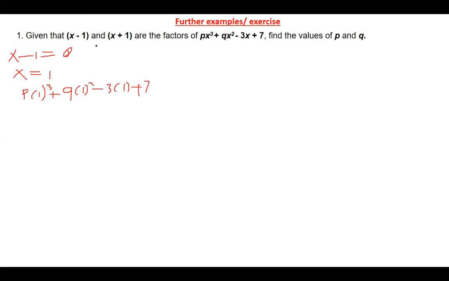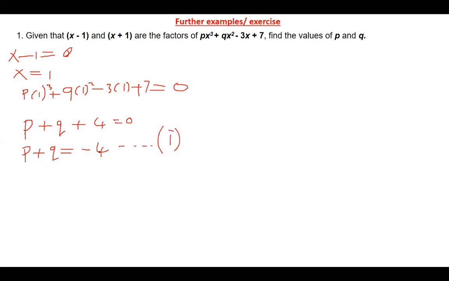A factor is a number that goes into another number without leaving a remainder. So when you replace 1 where there is x, you get your final answer to be 0. So p plus q, when you add these, you get positive 4 being equal to 0. So meaning we have p plus q being equal to negative 4. So this is your first equation.